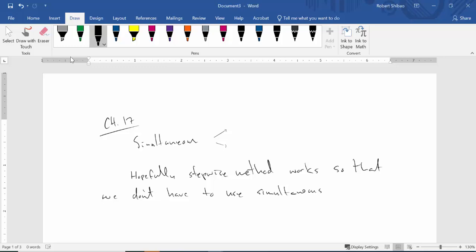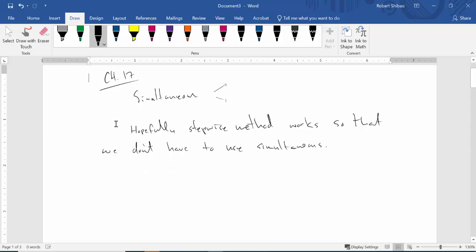But if stepwise doesn't work, then all you have to do is set it up and show that it is simultaneous. You don't have to actually solve it to get full credit for it. So let's take a look at some other examples.